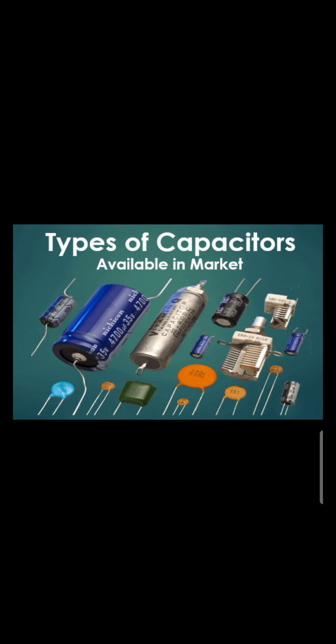And a polarized capacitor has its poles mentioned or specified, meaning positive pole or negative pole. That means in a given capacitor, if the terminals of the capacitor are fixed, such kinds of capacitors are called polarized capacitors.